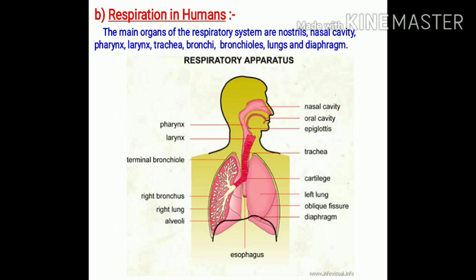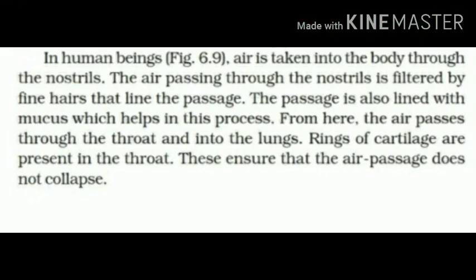Respiration in humans. The main organs of the respiratory system are nostrils, nasal cavity, pharynx, larynx, trachea, bronchi, bronchioles, lungs, and diaphragm. In human beings, air is taken into the body through the nostrils.